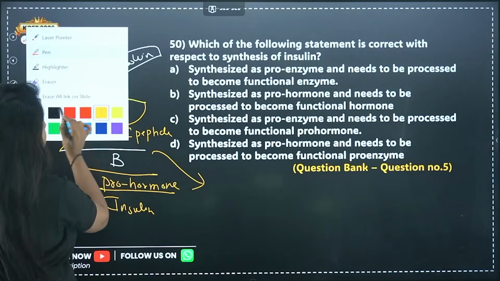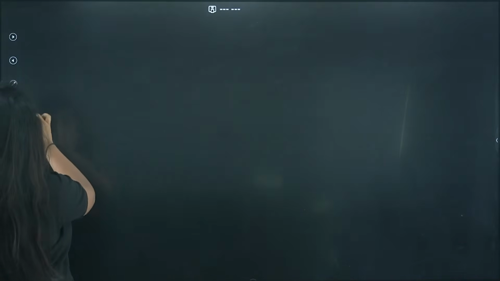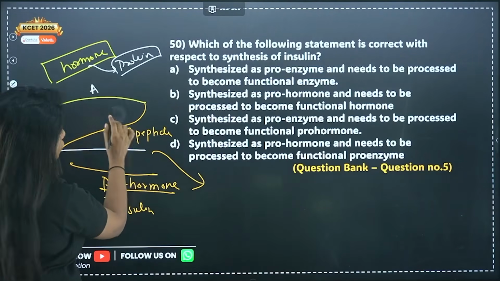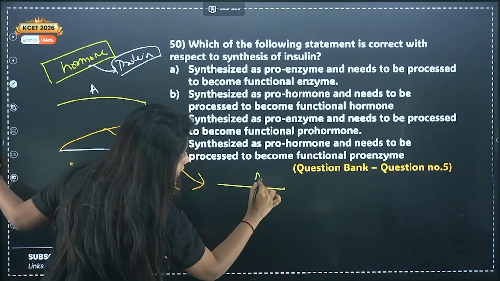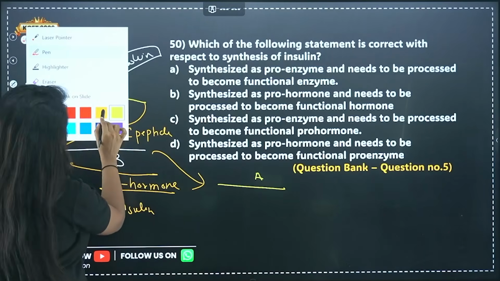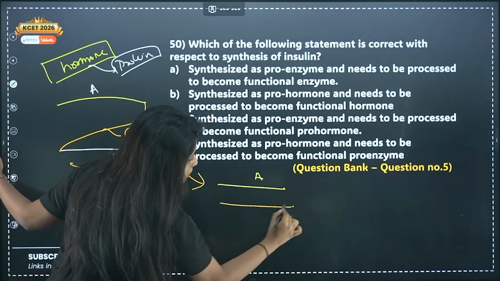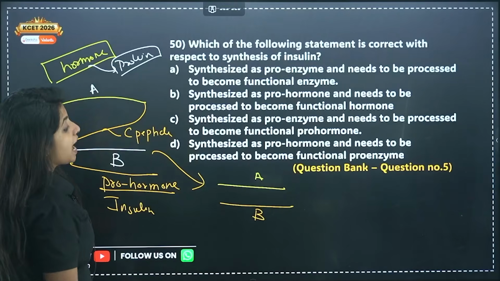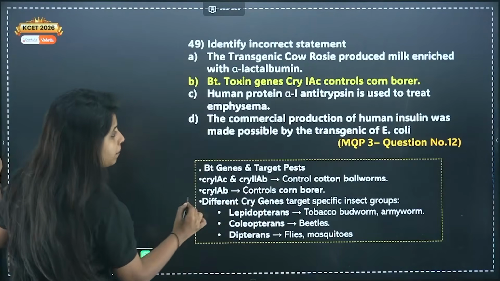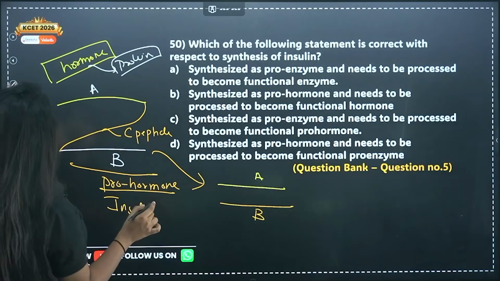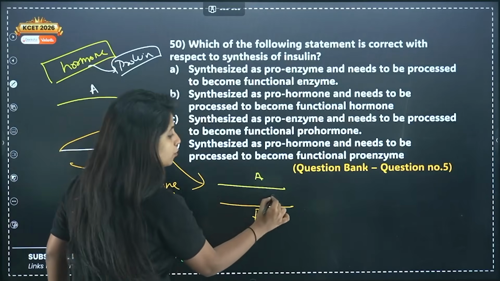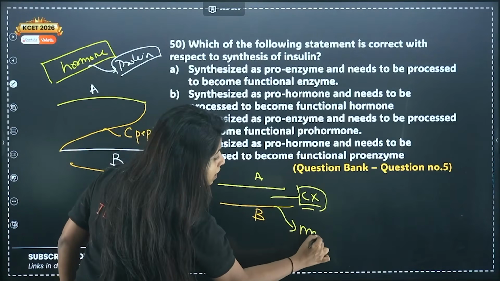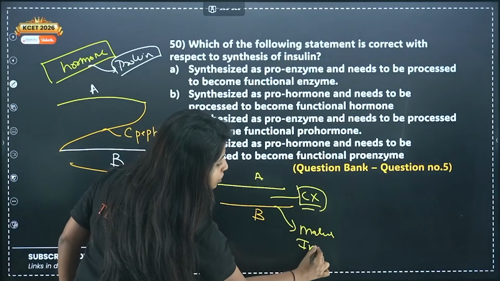What happens in our body that makes this insulin work? It makes sure that there is only A peptide and B peptide, combined together, and they should not have the C peptide. When the C peptide is removed, this turns into the mature form of insulin.